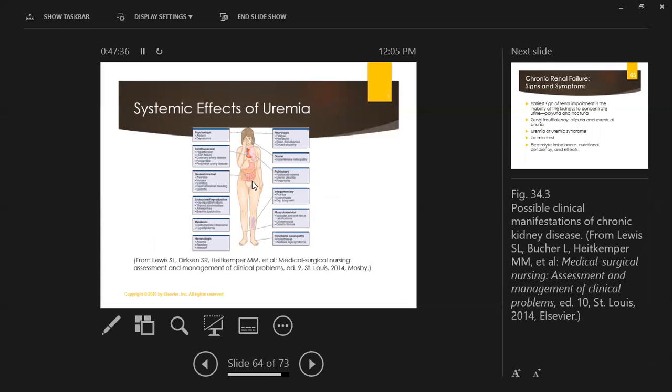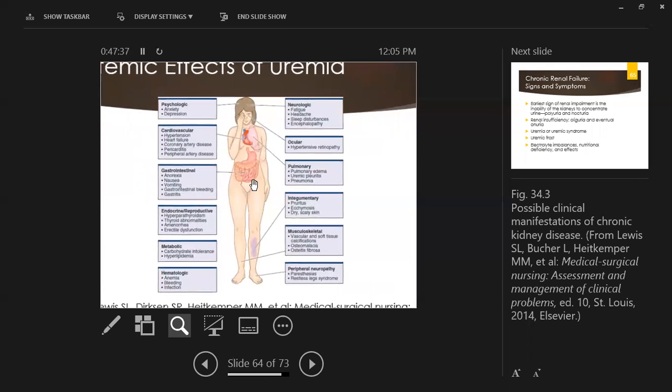This is a good visual for systemic effects of uremia. Psychological effects of having high levels of urea in the blood can be anxiety or depression. Cardiovascular, we may see high blood pressure, heart failure, coronary artery disease, pericarditis, or peripheral artery disease.